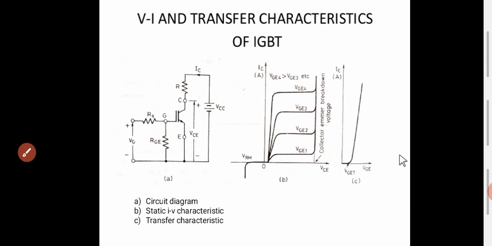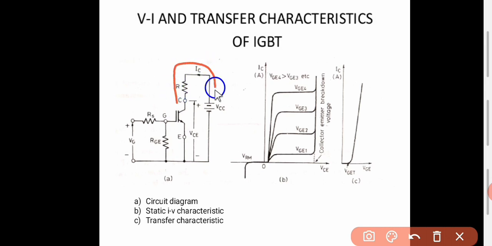Now the VI characteristic of the IGBT. To draw the VI characteristic of the IGBT, we have to connect the IGBT in this manner. Collector is connected to the positive of VCC with respect to emitter.